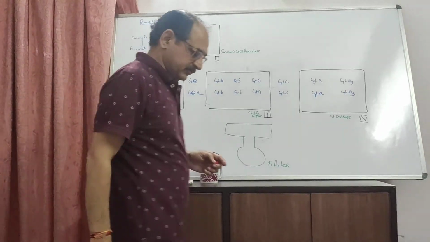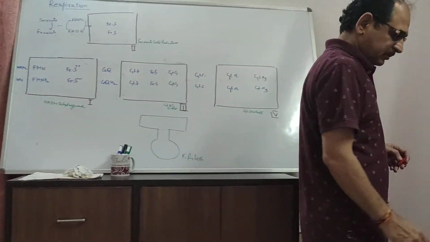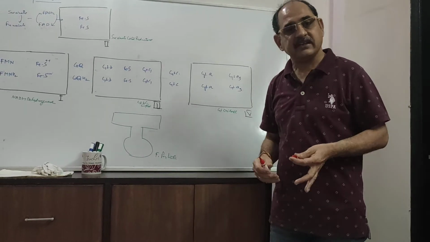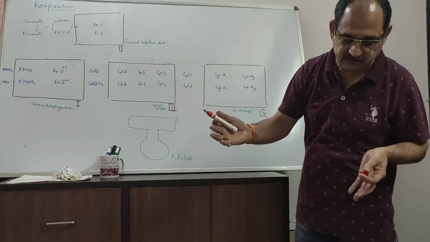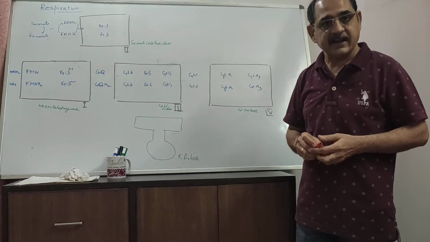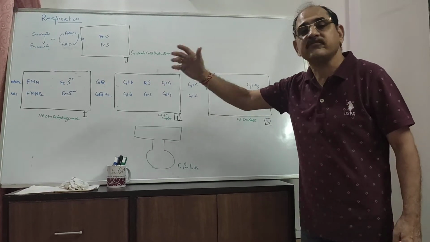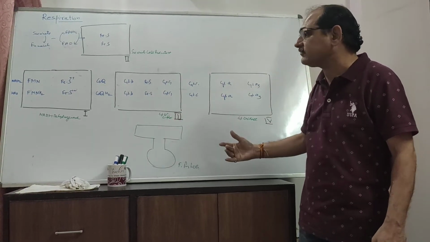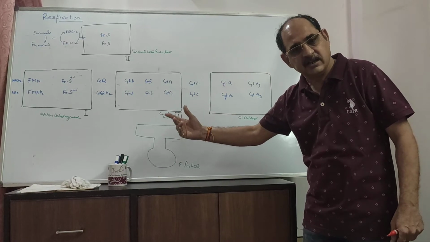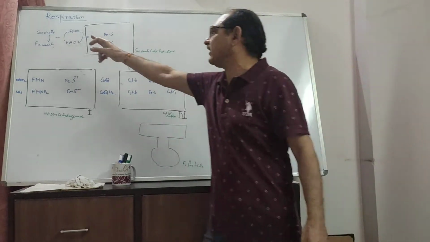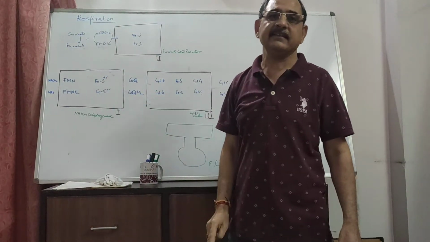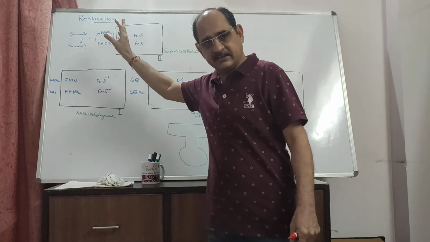I just told you that during the complete period of glycolysis, decarboxylation and Krebs cycle, at most of the places the hydrogen is released in the form of NADH2, and only at one point, when succinic acid changes into fumaric acid, hydrogen is accepted by FAD.